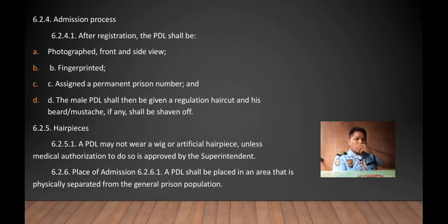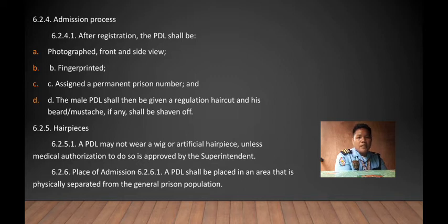We have here also some admission process, having after registration, the PDL shall be photographed front and side view, fingerprinted, assigned a permanent prison number, and the male PDL shall then be given a regulation haircut and his beard, mustache, if any, shall be shaven off. The next, hairpieces.